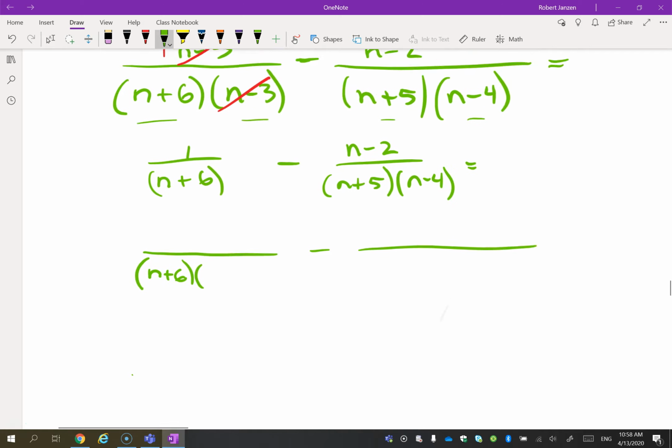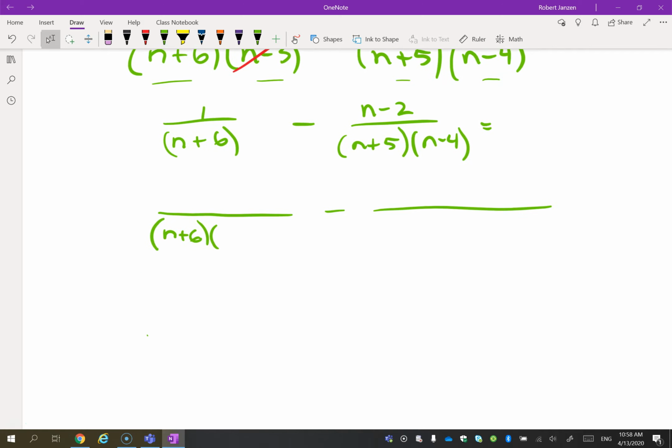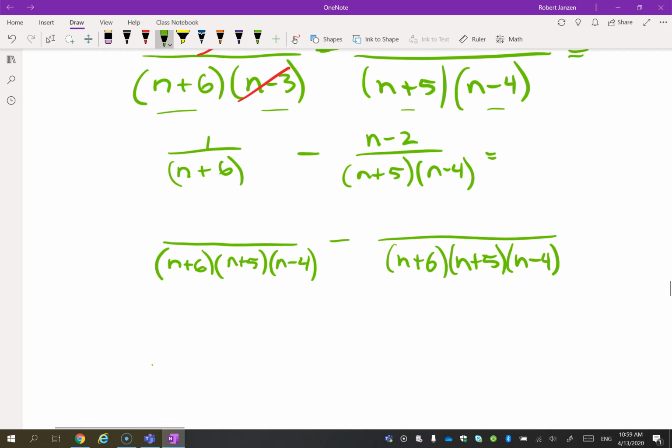Okay, where was I? So our common denominator here is n plus 6, n plus 5, n minus 4. What have I done to the first fraction? Well, I've multiplied by n plus 5, n minus 4.